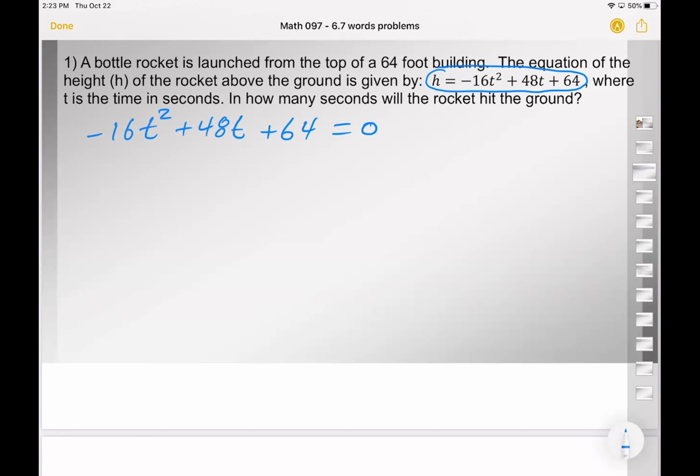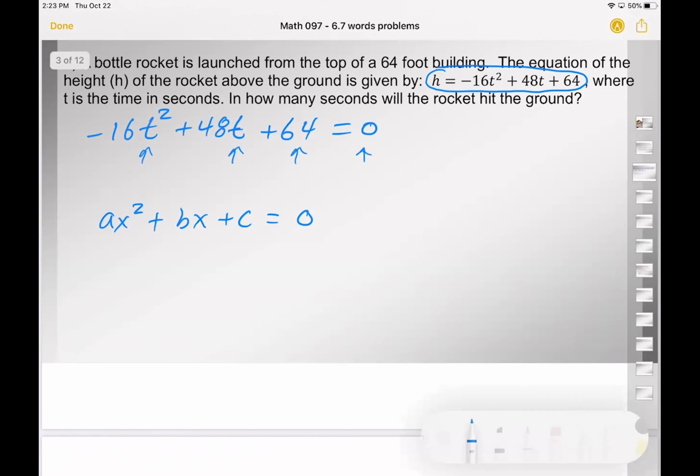This is our problem, ladies and gentlemen. Remember, our standard quadratic equation is something like ax squared plus bx plus c equal to 0. We have some squared term, some linear term, some constant, and the 0. So this follows the quadratic equation that we have.